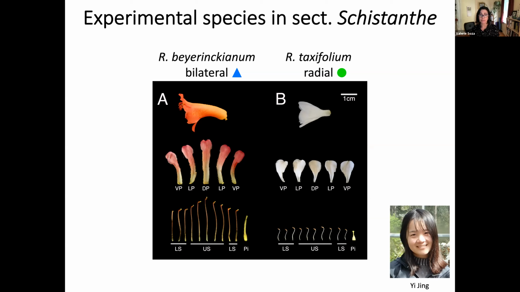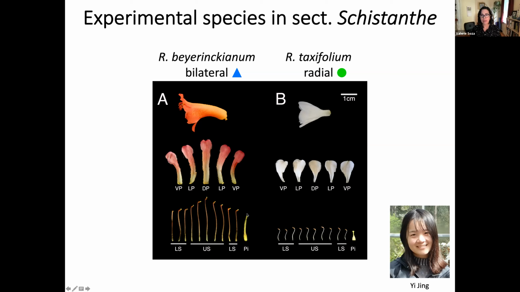We also see differences in lengths of the stamen, which is different from what you normally see in the temperate species, where in the upper part of the flower we see longer stamens, and in the lower part of the flower, the lower stamens, we see shorter stamens. And then we also notice the style curves.